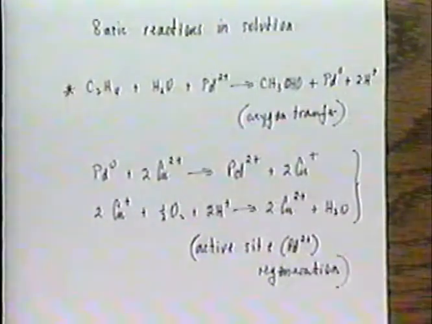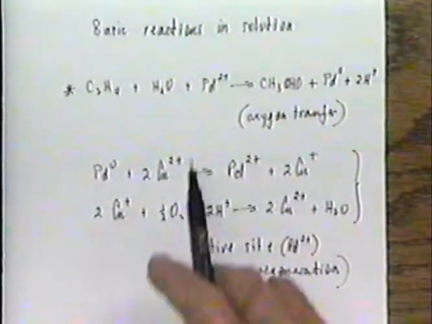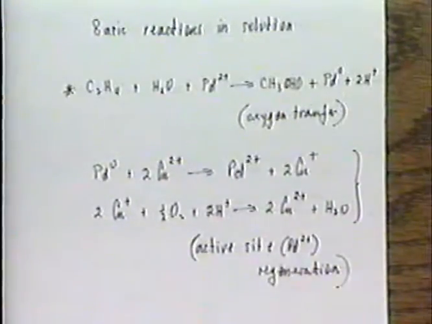What Wacker did was to observe that it was possible to use the copper-2, copper-1 couple to oxidize palladium 0 to palladium 2, and then oxidize copper-1 back to copper-2 using gas phase oxygen.